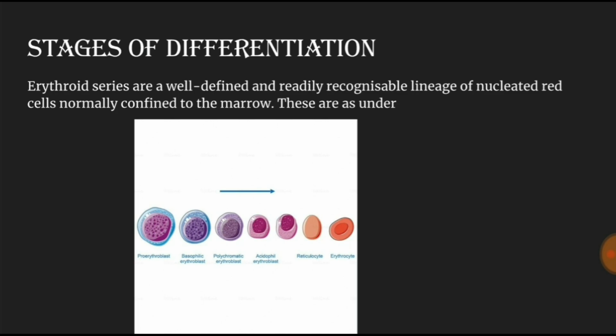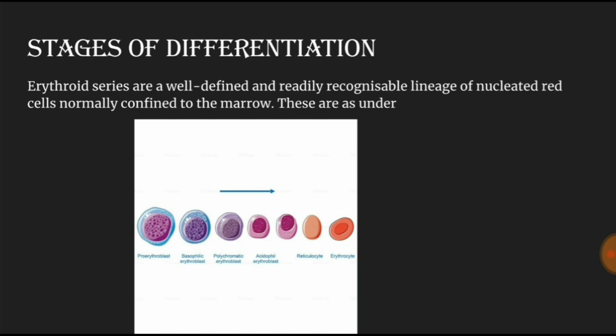Baso is basic in nature, and they have large central nuclei. You can observe a dark central nucleus inside, and there is a deep blue color of the cytoplasm, which represents the high content of RNA that is present, as well as active protein synthesis happening.